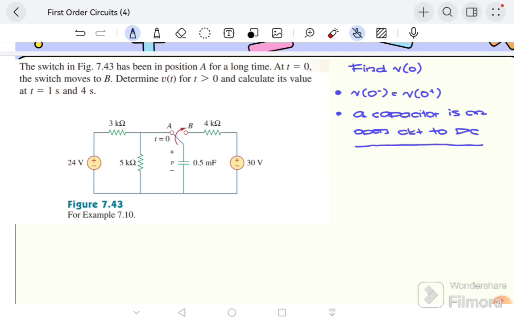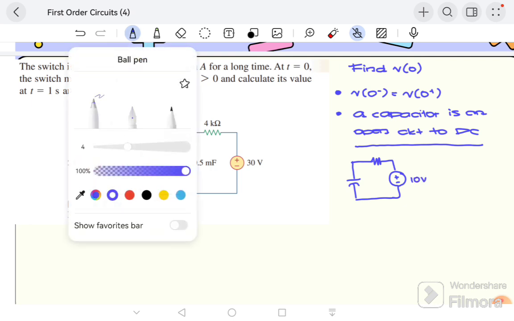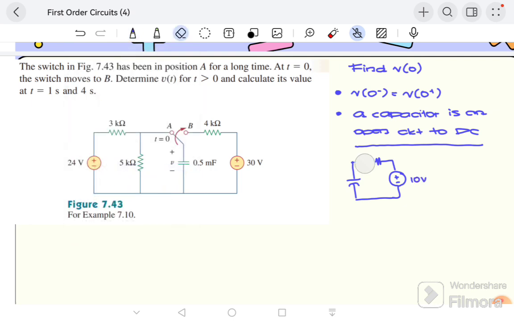So assuming we have a capacitor connected to a resistor R, and you connect the combination to a DC voltage source, showing for example 10 volts, with a switch that you close at t equals 0.